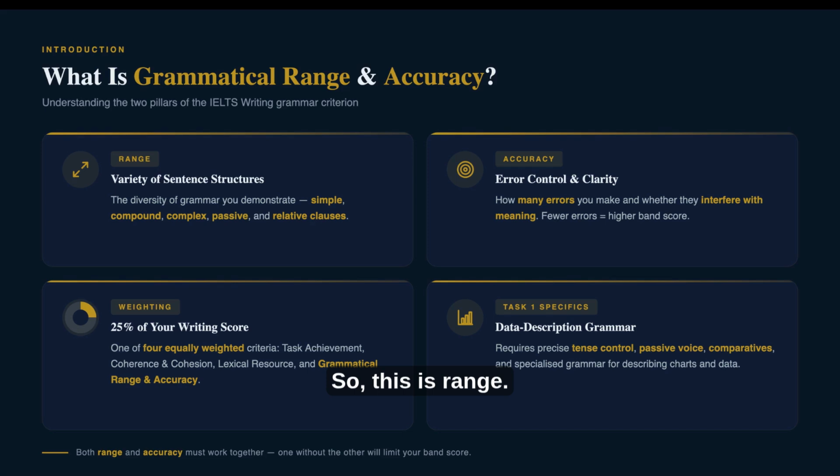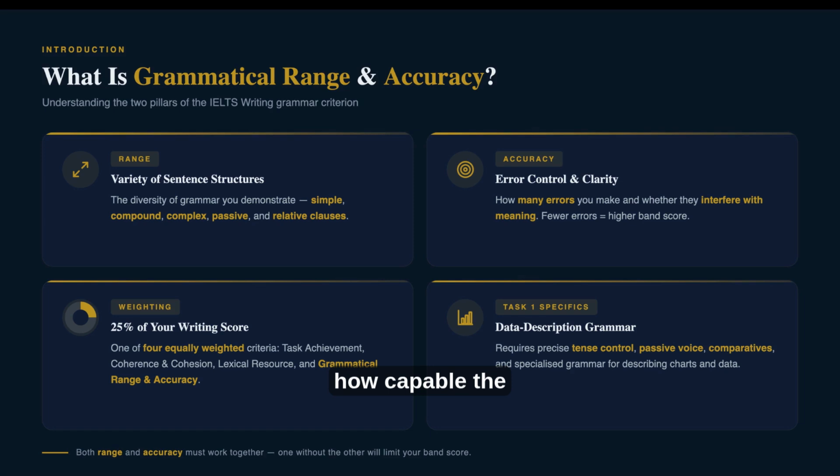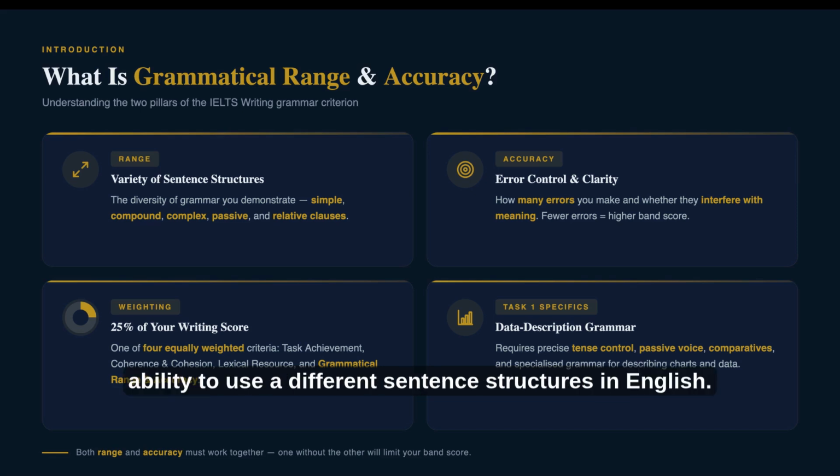So this is range. Again, every time we talk about range, we talk about how capable the candidate is of demonstrating the ability to use different sentence structures in English.